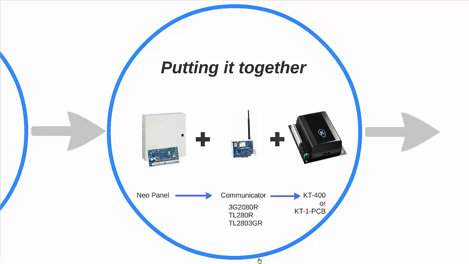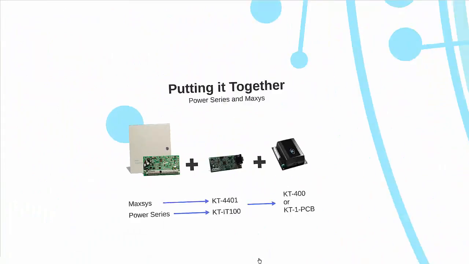So whether it's their cellular communicator, their IP communicator, or their cell IP combo communicator, all three of them, as long as they end in R, will come with a port on them to do the integration to Kantech and the cable to plug it into one of our controllers. You can plug it into either our KT400 or our KT1 PCB. There's an RS-232 port on it, so no additional equipment needs to be ordered if you're doing integration with the Neo, unlike Power Series and Maxsys.